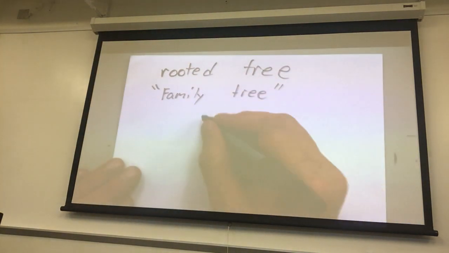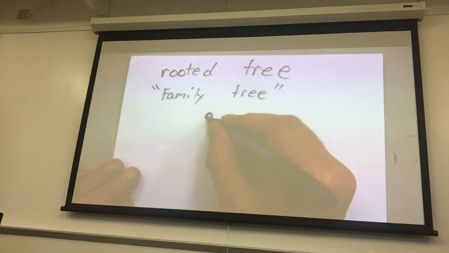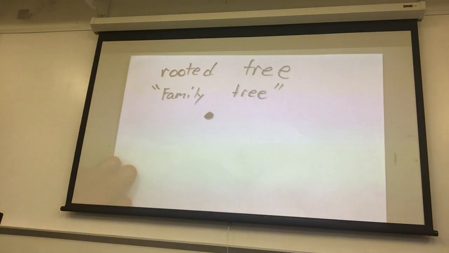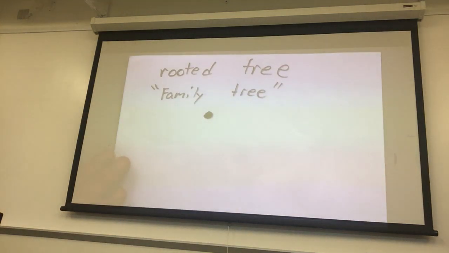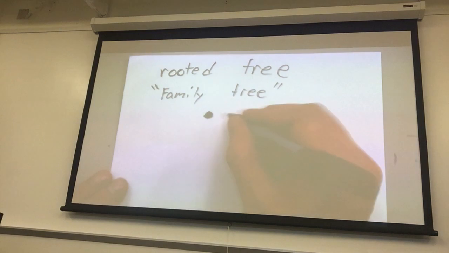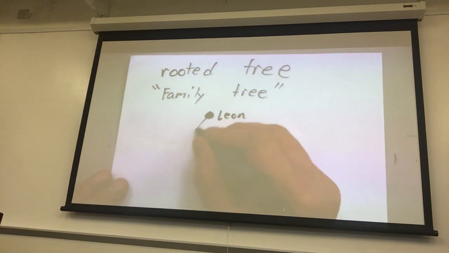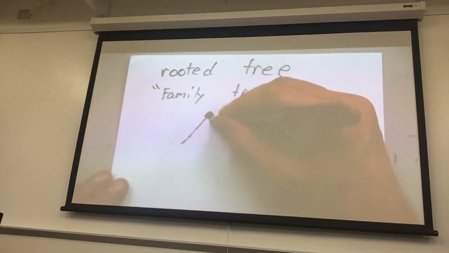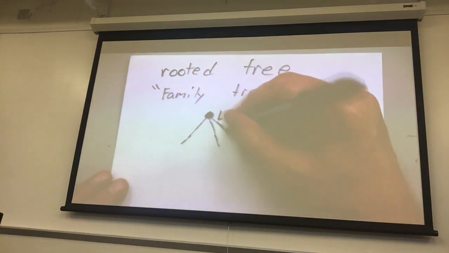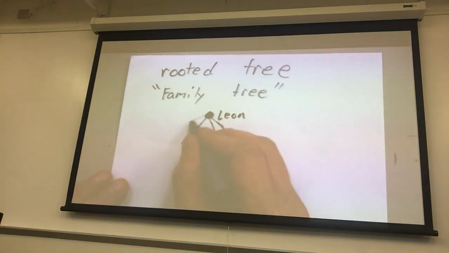So what if I started with level 0 right there? Let's start with, my grandpa's name was Leon. And so let's say Leon had four kids.